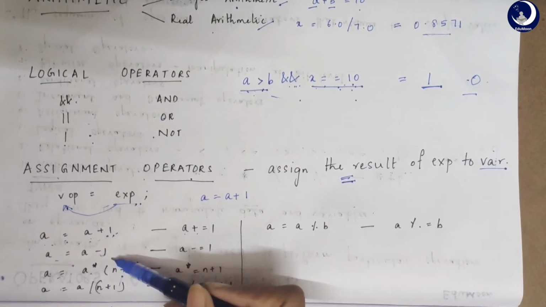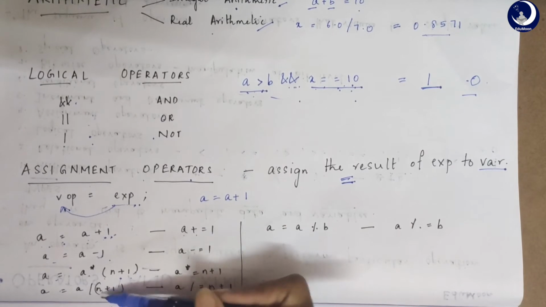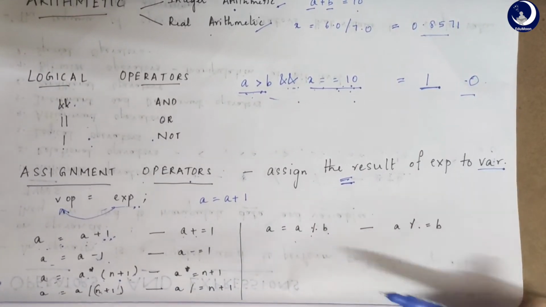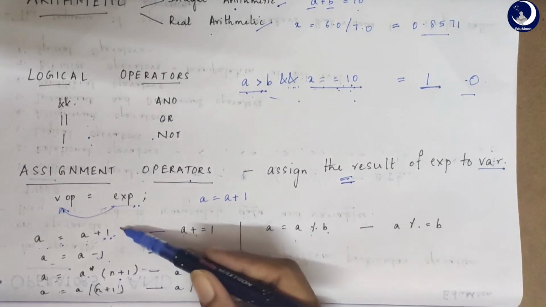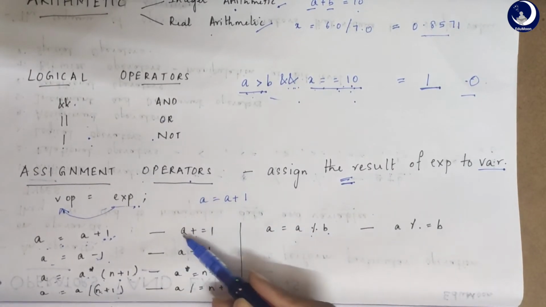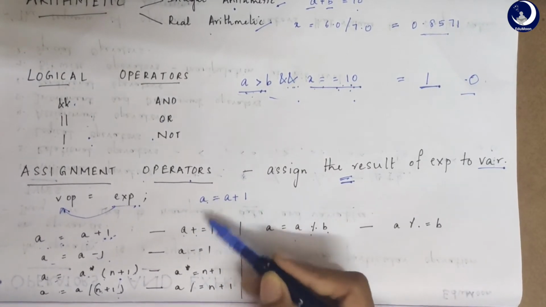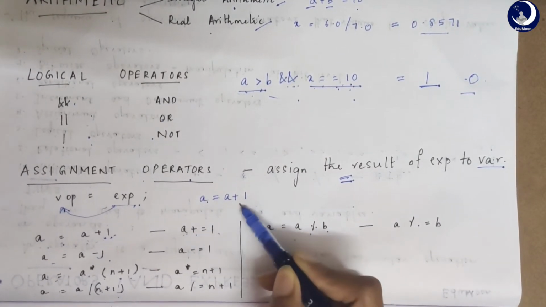Likewise, a minus 1, a into n plus 1, a divided by n plus 1, and a modulo division of b. The shorthand notations of these are nothing but a plus equal to 1, which is nothing but a is assigned a value of a incremented by 1.